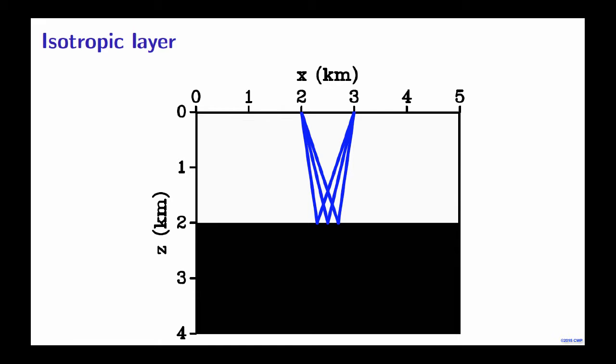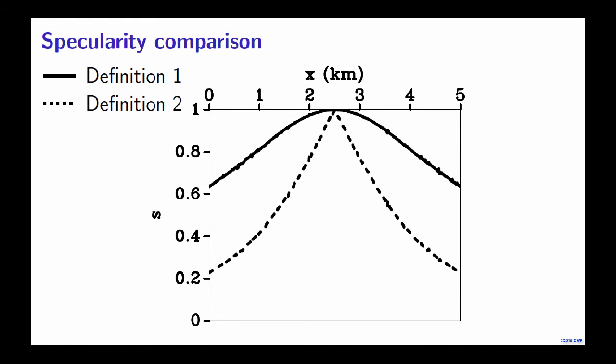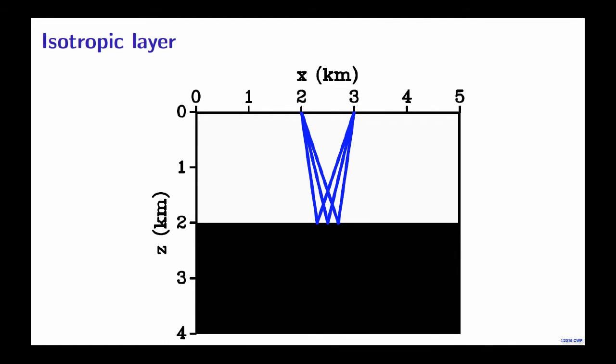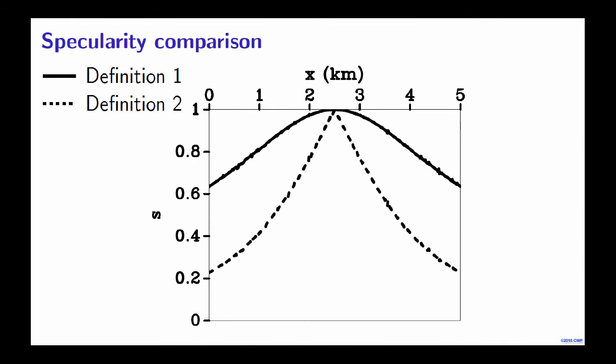So this is an isotropic example, and for this isotropic example I compute specularity values using the two definitions we just showed. So using these two definitions, we see that the specularity values computed for reflection point at the fixed 2 km depth moving from left to right, we plot these specularity values together. So the solid curve is from definition 1 and the dashed curve is from definition 2.